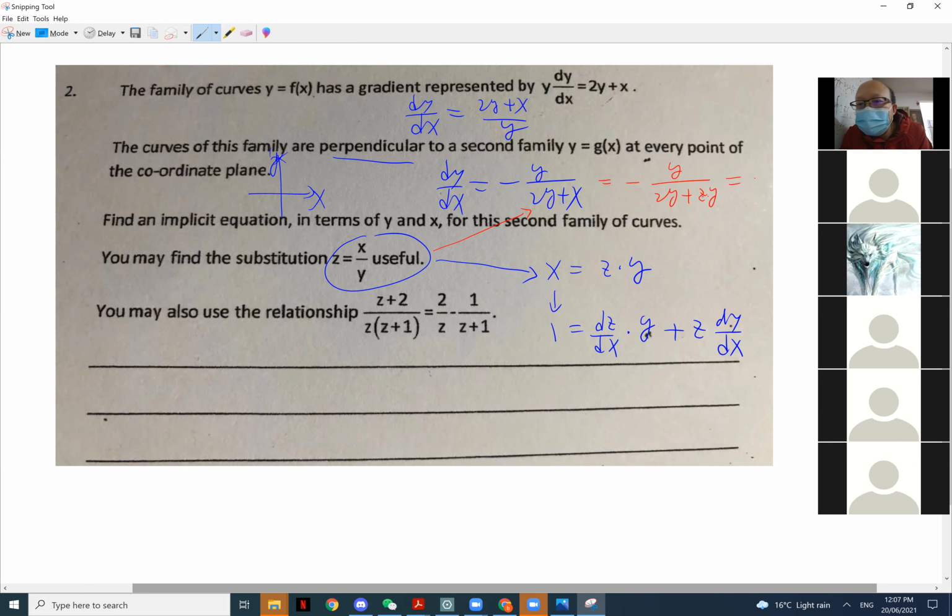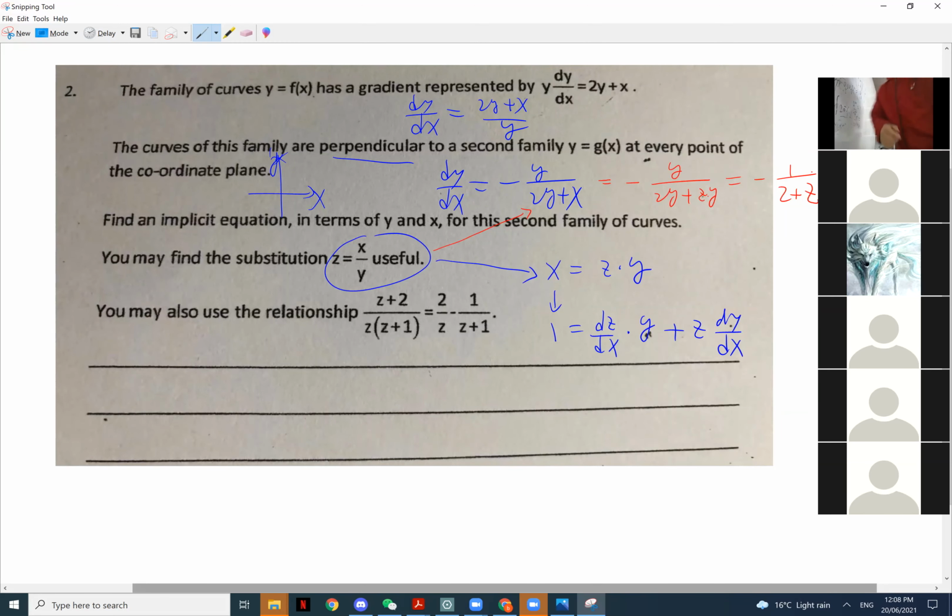So the right hand side, you simplify the right hand side. We simplified the right hand side. x equals zy.